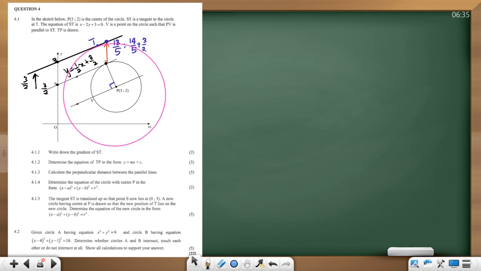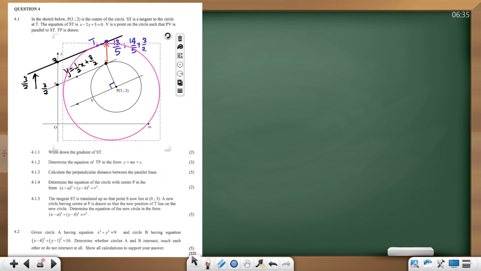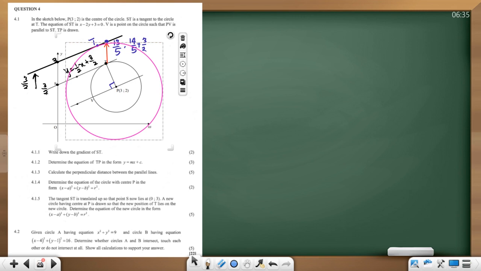I hope with my circle, the ambiguity of this question is now exposed. It really does expose the ambiguity of this question, because T is a tangent and we're shifting the whole thing upwards. All right.